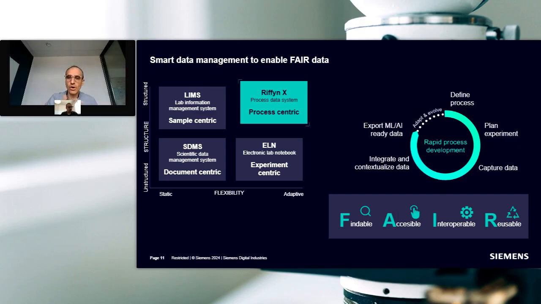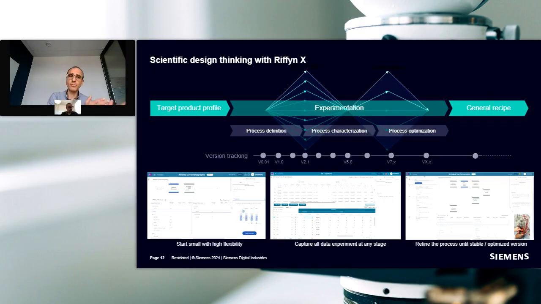So from the early phases of the product profile definition to the late stage of what we call the general recipe, where your recipe will be a little bit more mature, and you're going through these phases of experimentation, whether in process definition or process optimization, Riffyn will allow you to capture all the information which is relevant for your experiment.